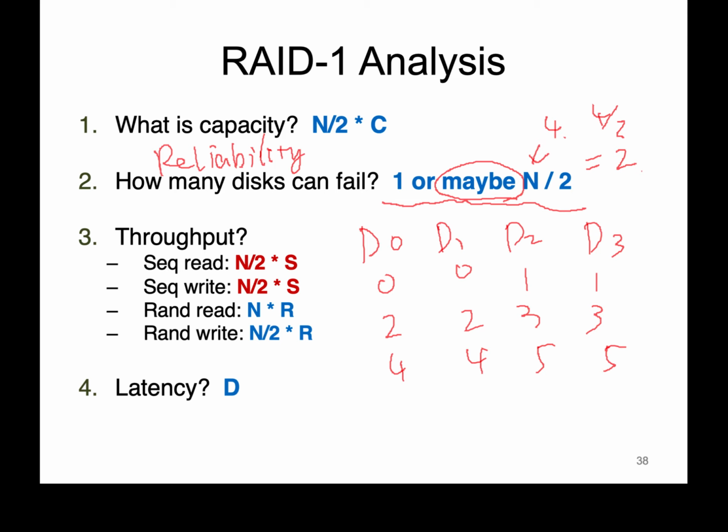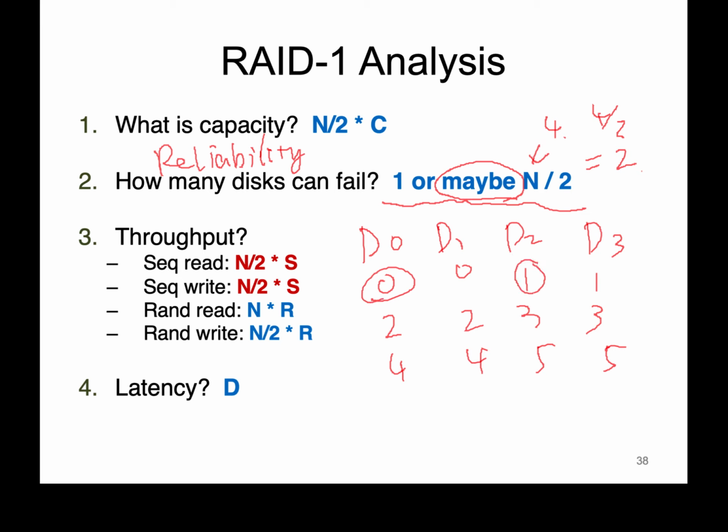So regarding sequential read, basically we're looking at n times s divided by 2. Why we have a decreasing factor of 2 is because in order to sequentially read a large chunk of data, we can only leverage half of these 4 disks. In this particular example, we want to read 0 first, and then we want to read 1.